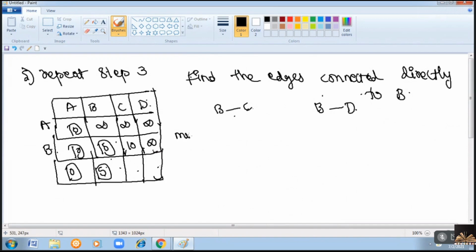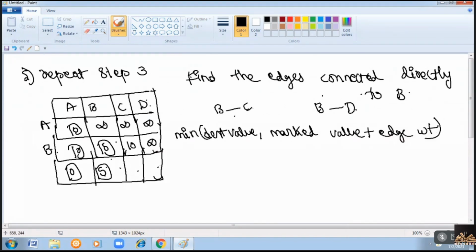So what is the formula? Minimum of destination value, comma, marked value plus edge weight. For the first edge B to C, the destination is C. The value in the destination matrix for C is 10, comma, the marked value is 5 plus the edge weight of B to C, which is 4.